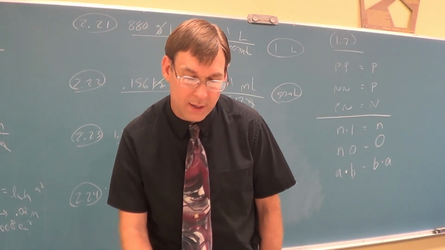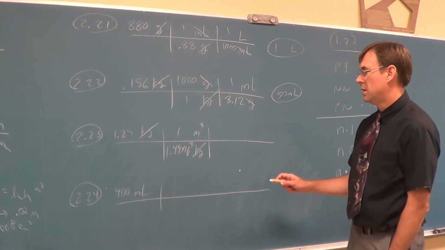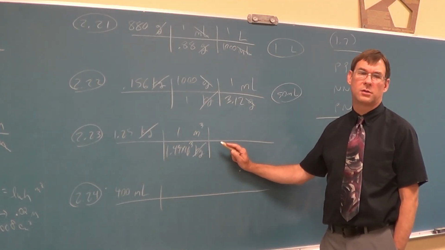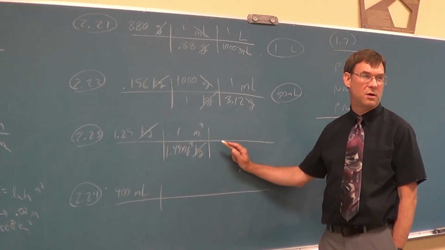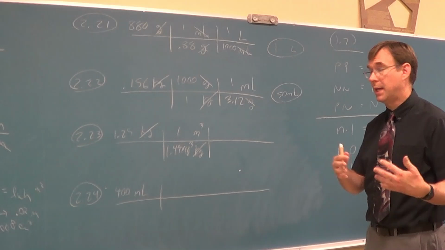What they want is milliliters. Scan your quiz memory banks for milliliters. And there's a reason why I made you do a quiz question several times. What's milliliters about? Centimeters. Milliliters and centimeters have a link.